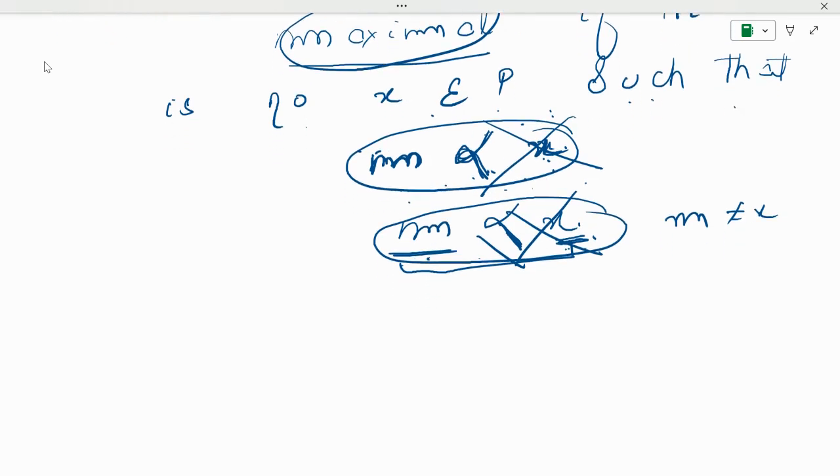Before that, let's see what a minimal element is.